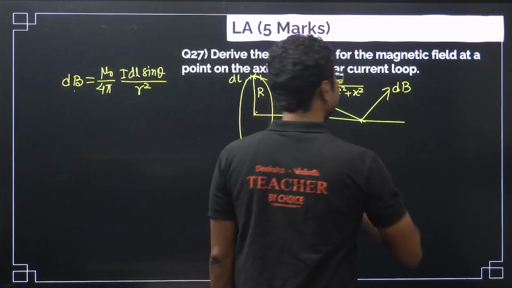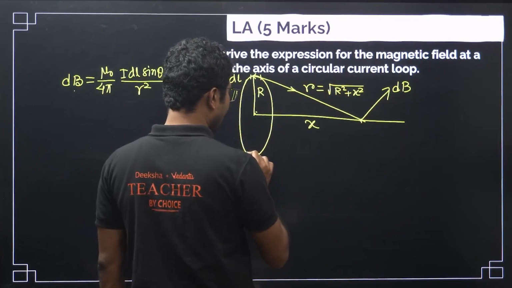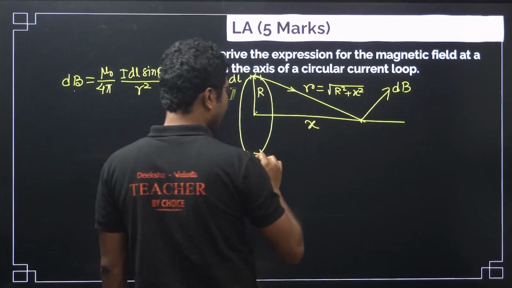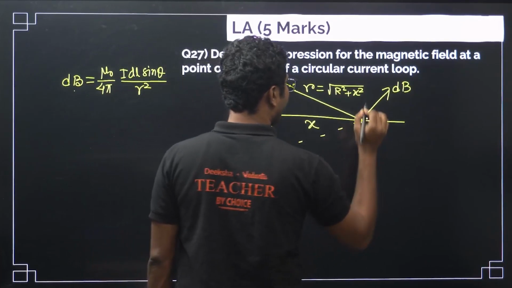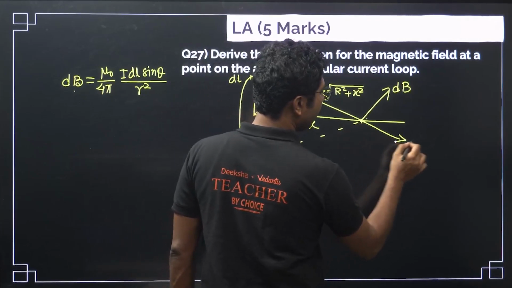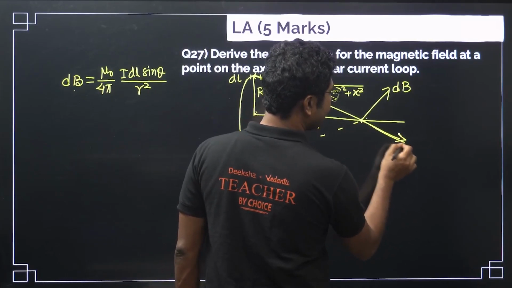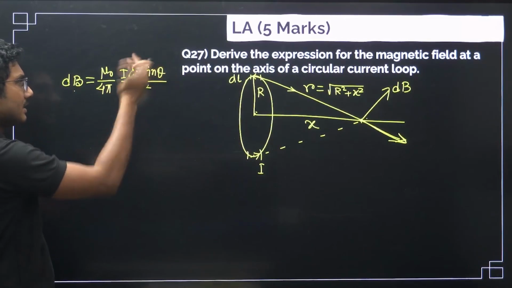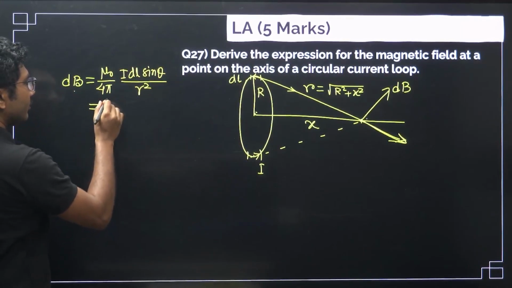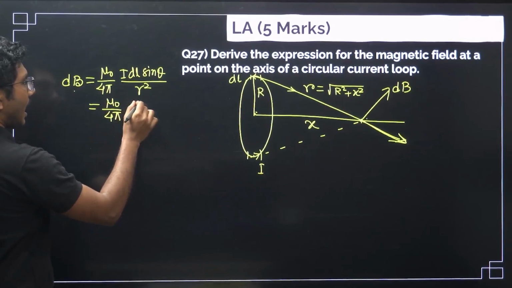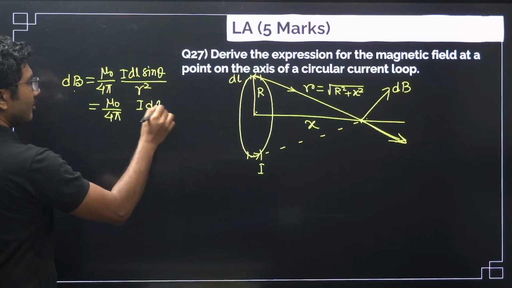Now, if you take another component at the exactly diametrically opposite position, then dB will be in this other direction. It will be the same in magnitude, because I is constant, mu naught by 4 pi is constant, and sin theta is 1, so it will be mu naught by 4 pi I dl by r square.